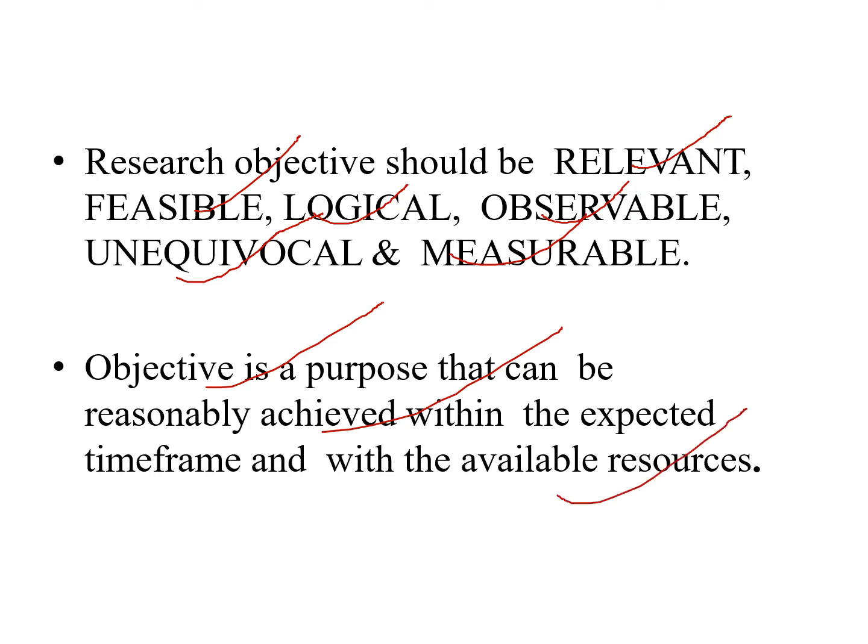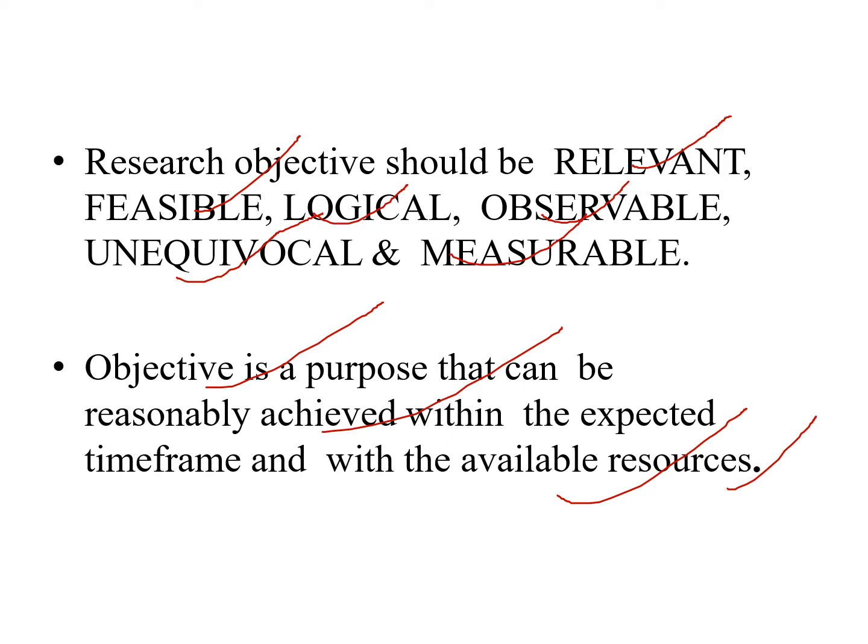I have already told you that it should be time bound. You have to frame the time frame, for example, complete within 1 year or within 1 month. You have to frame the time according to which objective is going to be acceptable. When you formulate the objective, make sure that the resources you need are easily available to you.